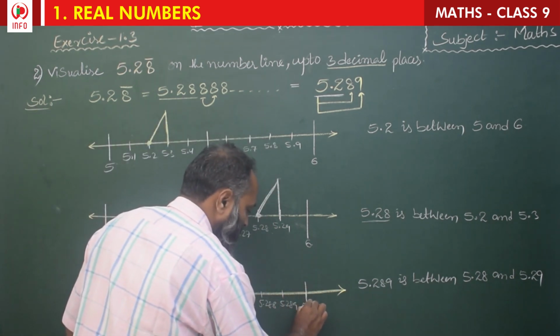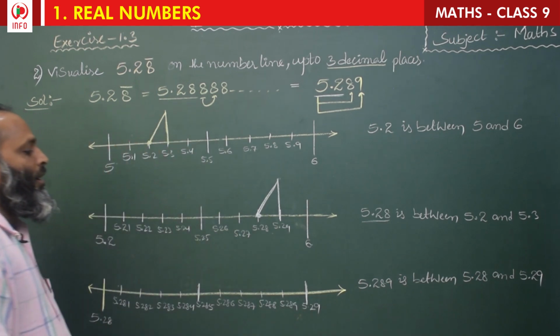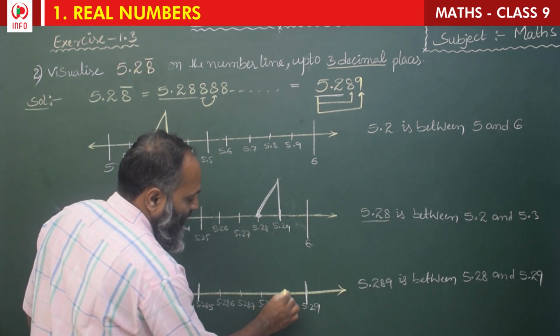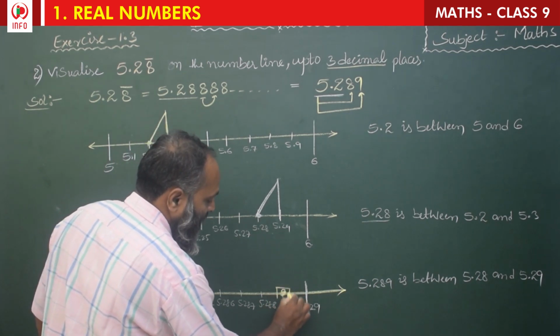Here we have 5.29. Now 5.289. Where is 5.289? Here we have 5.289. So this is our location.